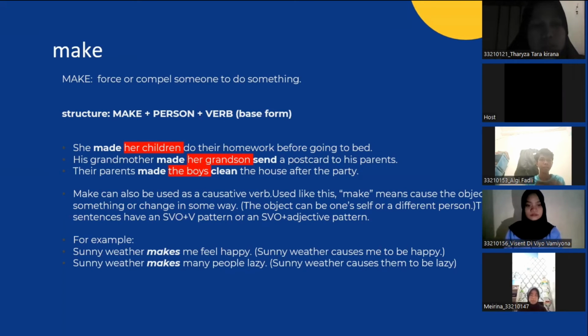For example, sunny weather makes me feel happy. That means sunny weather causes me to be happy. And then sunny weather makes many people lazy. That means sunny weather causes them to be lazy.